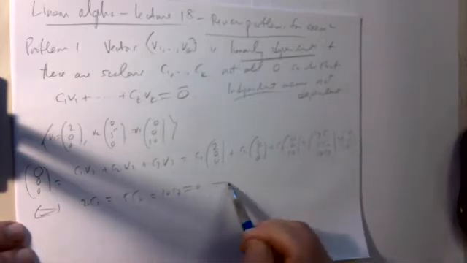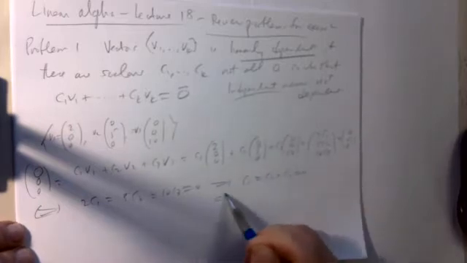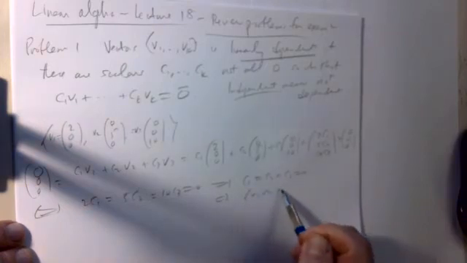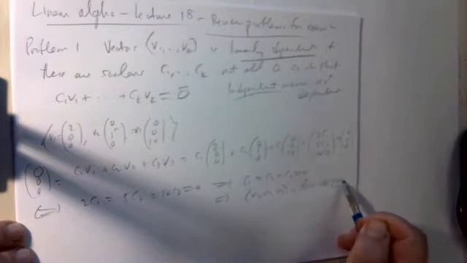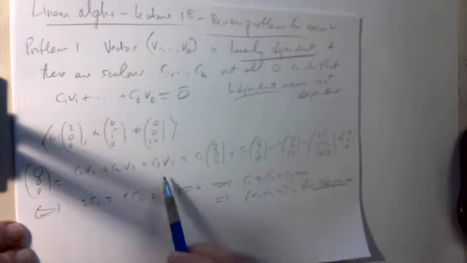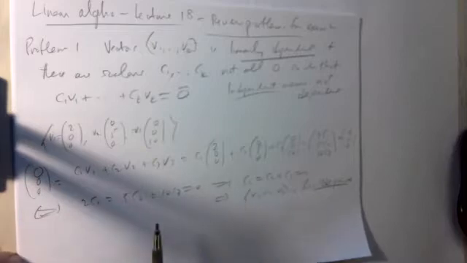And 2, 5, and 10 are non-zero, so c1, c2, and c3 are 0. So the set of vectors is linearly independent. There's no linear combination of them that produces a 0 vector and has a non-zero coordinate.